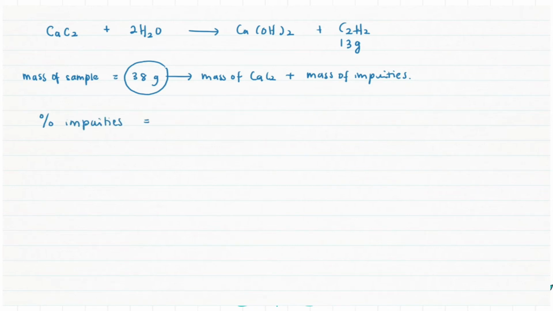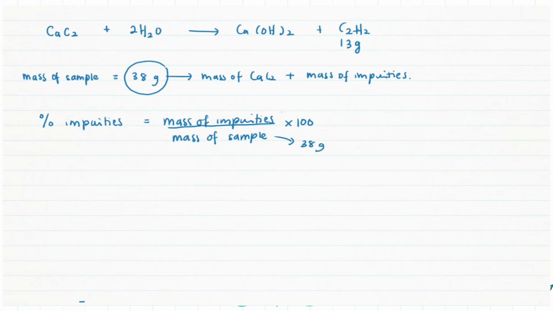To calculate the percentage of impurities, you need mass of impurities divided by mass of sample times 100. The mass of sample is given, 38 gram.